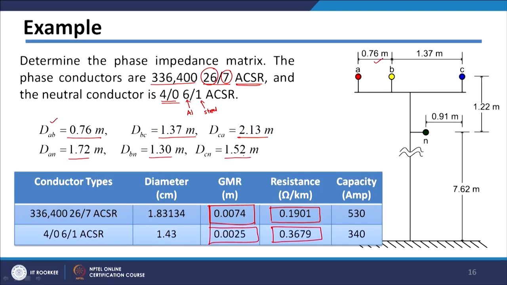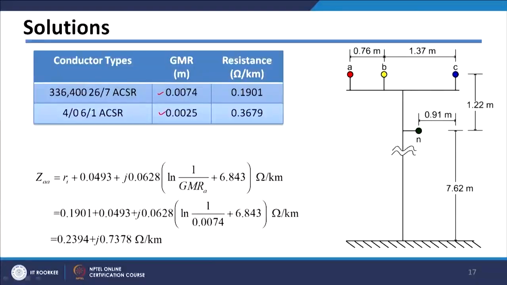You can easily calculate them from the design sheet of your distribution line, and once you get those distances and GMRs of the conductors, you can get the self impedance of, say, conductor A, which can be calculated using this self impedance formula here.